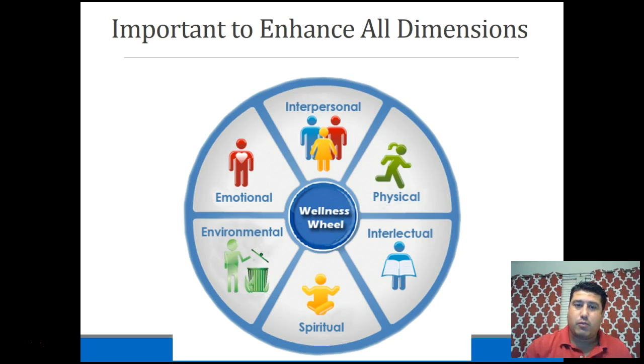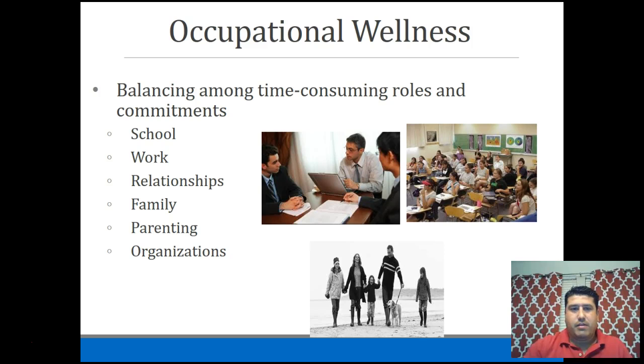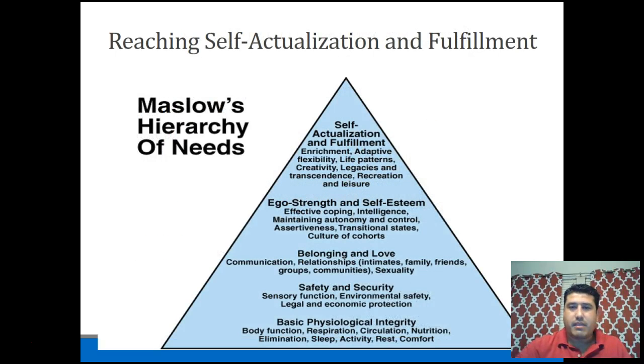Maybe I should redistribute my focus to make sure I'm capturing portions of all dimensions, because in actuality, we can't really be self-actualized until we take care of everything about ourselves. And that's what this diagram is showing.